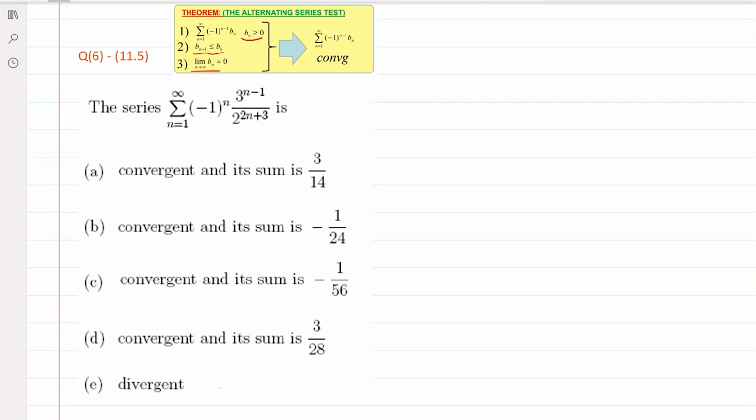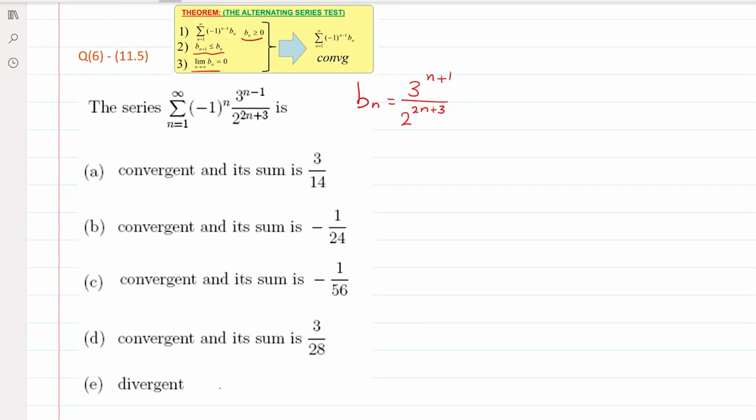Let me see. Now, if you simplify this one, if you find b_n, it is 3 to the power n plus 1 over 2 to the power 2n plus 3.